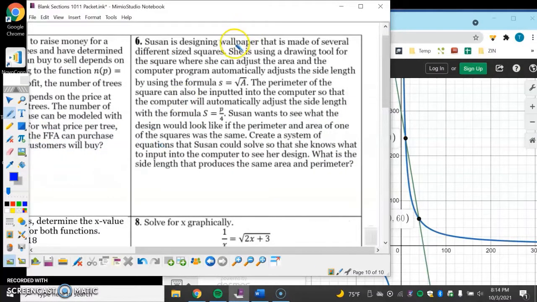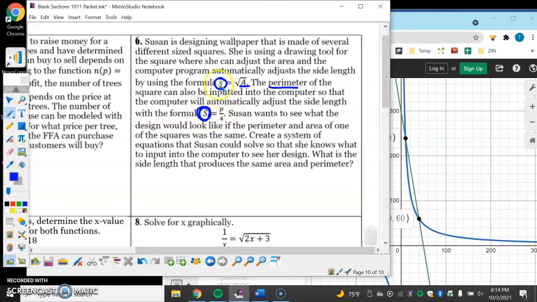Another one, we have different size squares here, and we're trying to look at the side length and the area. So we've got a couple things going on here. We've got perimeter, we've got area, and we've got side length. So there's actually 3 variables involved here.